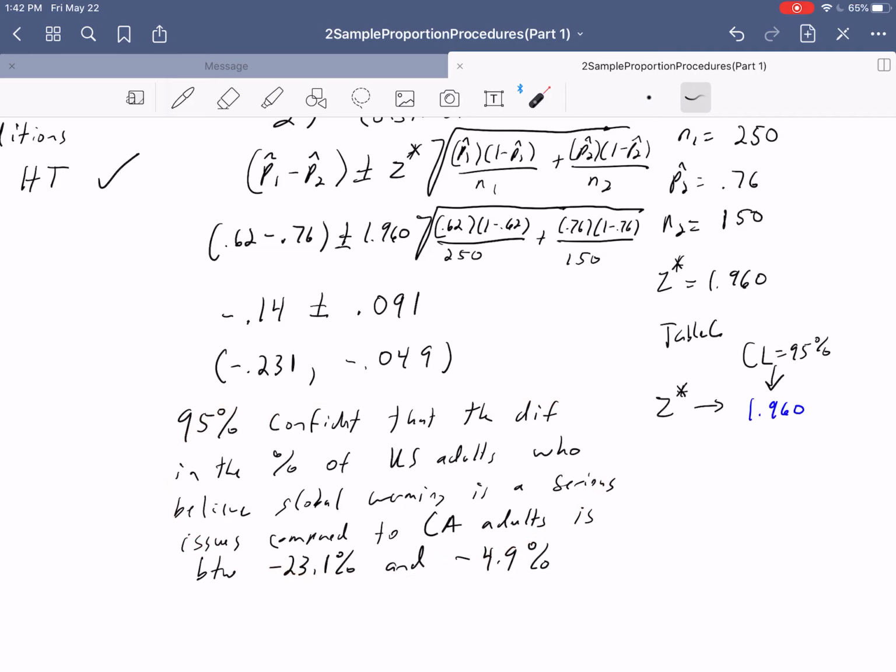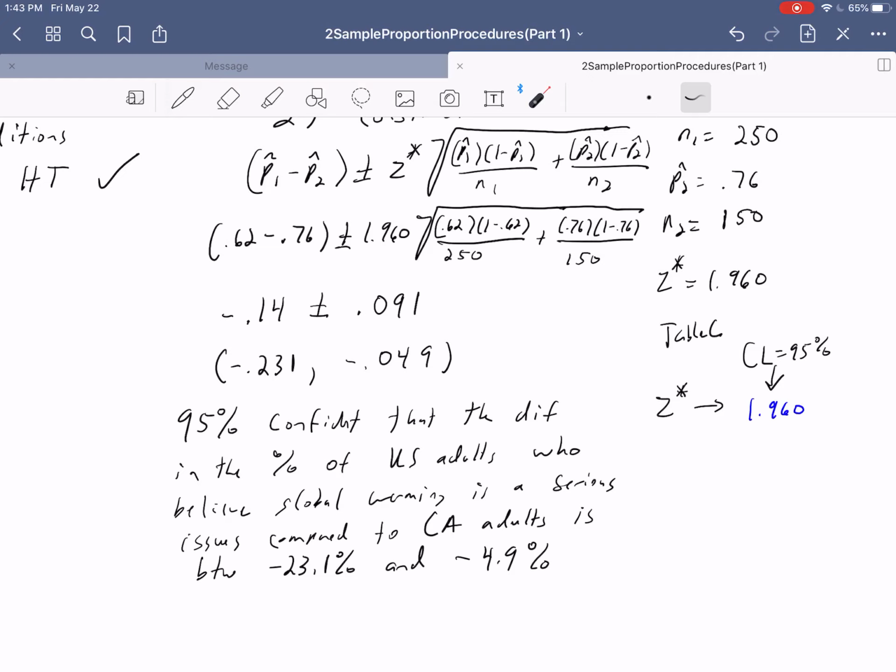Of course, you could also say that we are 95% confident that between 23.1% to 4.9% less of the U.S. adults compared to Canadian adults believe that global warming is a serious issue. The only danger of writing that interpretation, which was actually the one we favored when we did this for quantitative data, is that a lot of times when people hear the percentage less, they're actually imagining it not as a subtraction of percentages, but as a percent deduction, like when you get a discount.